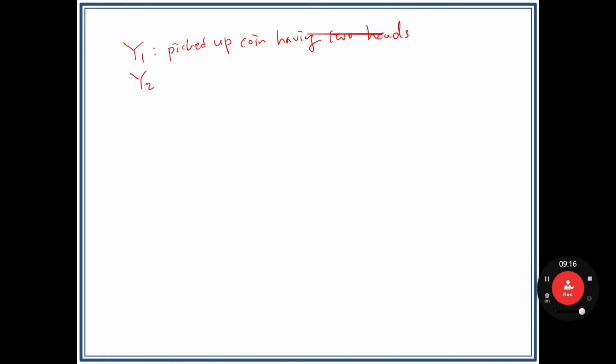And the event y2 is picking up a coin having head and tail, a normal coin. And event x is we observed heads 10 times.